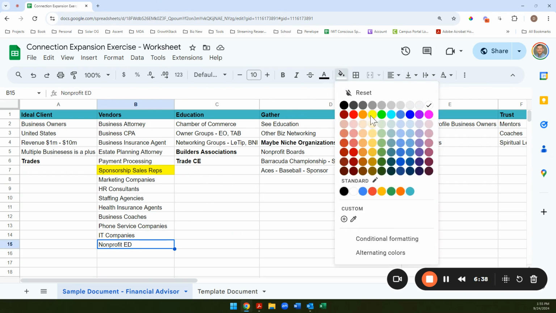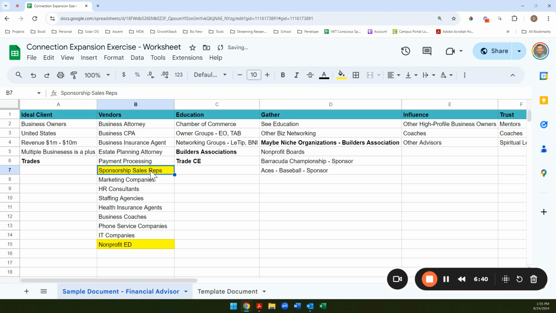So I might highlight the nonprofit world. And so for me, these might be two pathways where I want to talk to B2B or sponsorship sales reps, nonprofit executive directors, to get to know them and understand their goal, but really to access their high profile clients. So those might be the two that I pick because I know people in that space and I enjoy talking to those people and I get along with them.